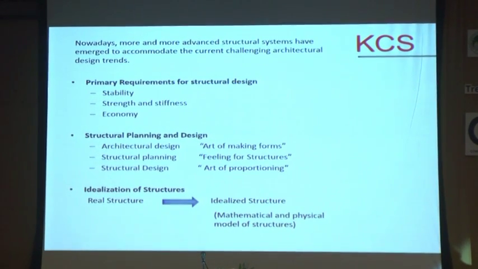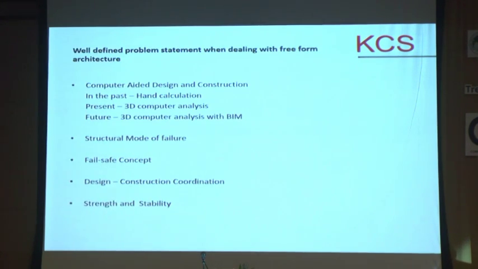This means that an engineer is capable of doing structural design once he has a mathematical model for his calculation. So when we have to deal with the structural design of an irregular form, to define the problem statement clearly and completely is the key to a safe and sound structure.